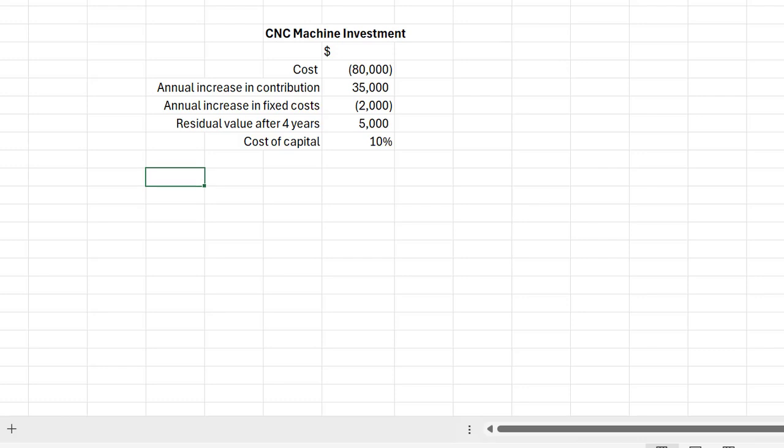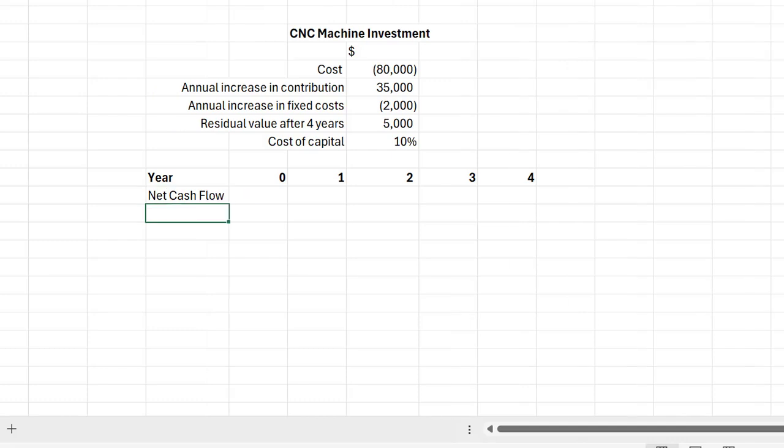So the first column in my spreadsheet will be time, in this case, year numbers. So we've got 0, 1, 2, 3, 4. The next line will be my net cash flow, my net incremental cash flow.